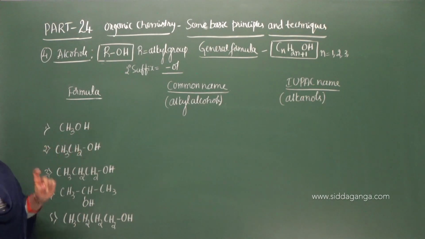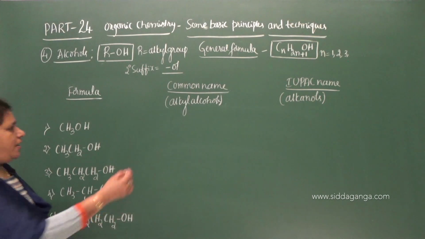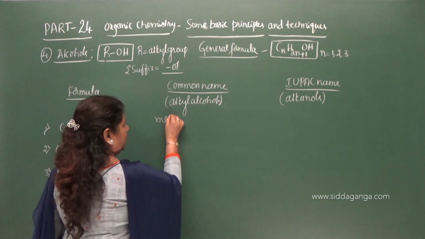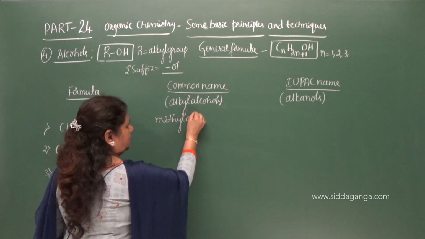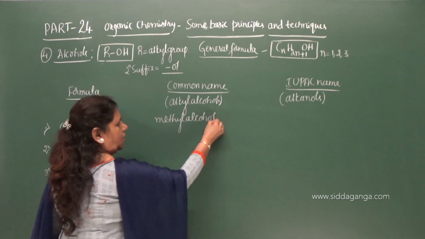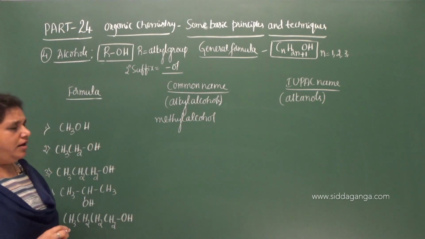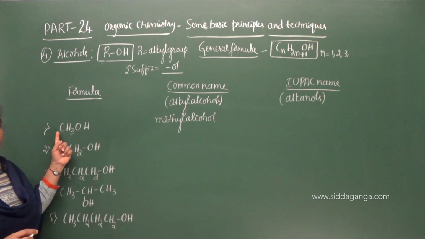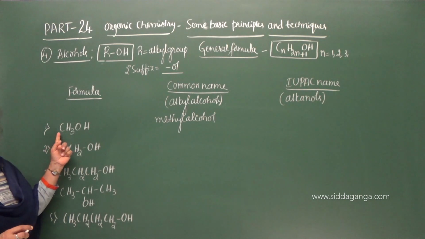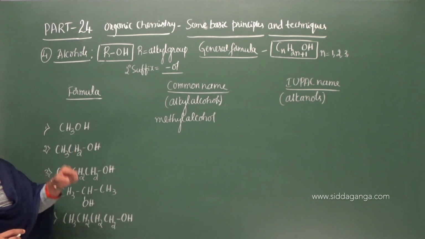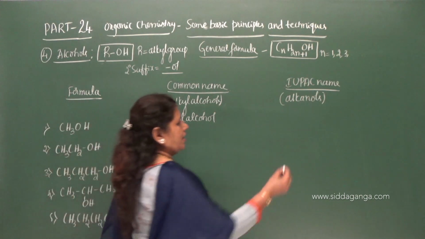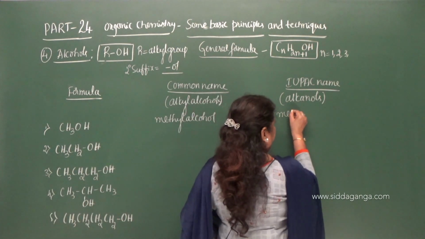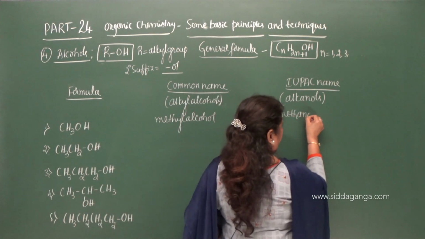Writing the common name is very simple. A methyl group is attached to OH, and hence the name is methyl alcohol. Then one carbon atom is present here, therefore meth is the root word, ane is the primary suffix, ol is the secondary suffix. Then the compound name will be methanol.